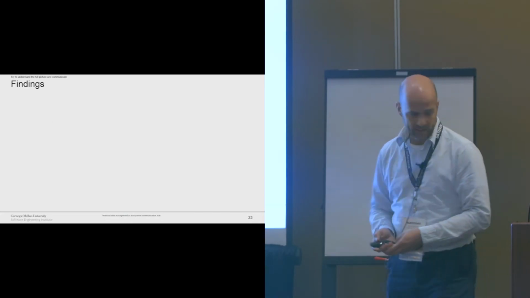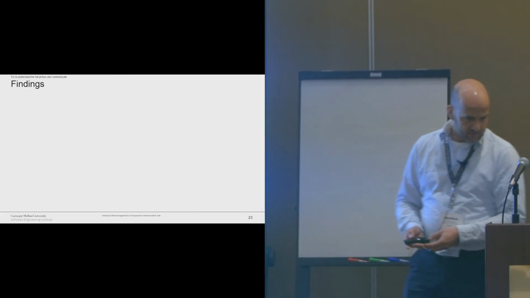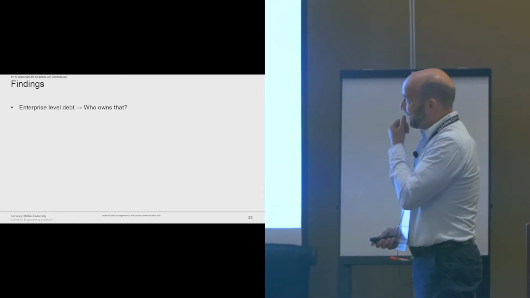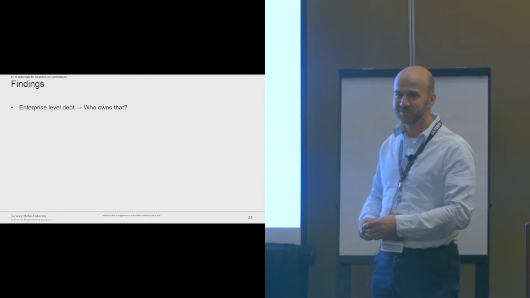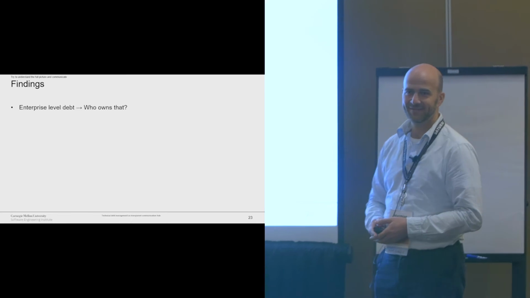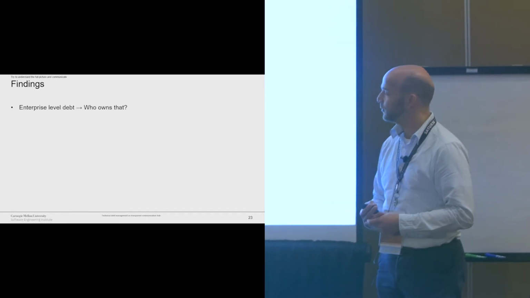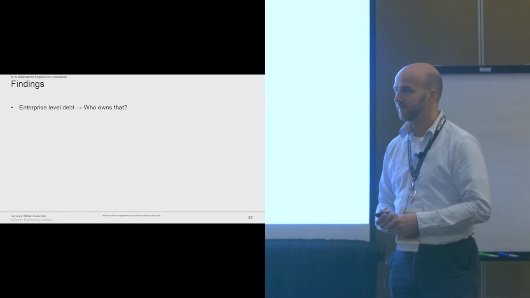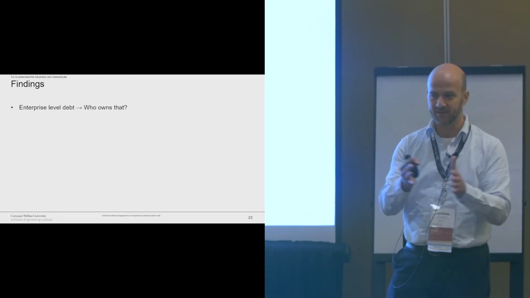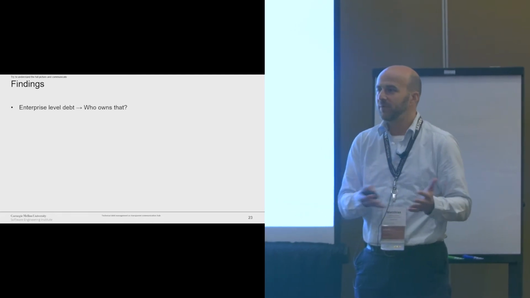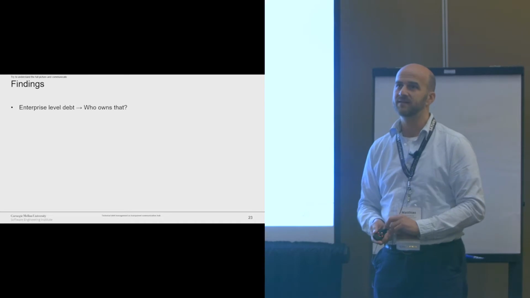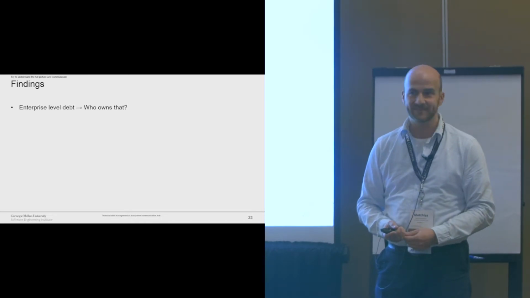So some findings we had. Okay, so what a surprise. We found enterprise level debt, and we asked us who owns that. I mean, the ticket systems are aligned to projects and to products, so no problem to enter this, but we found some technical debt where we thought, where do we put that?